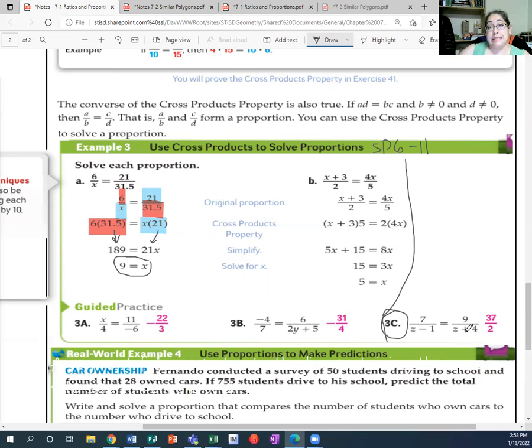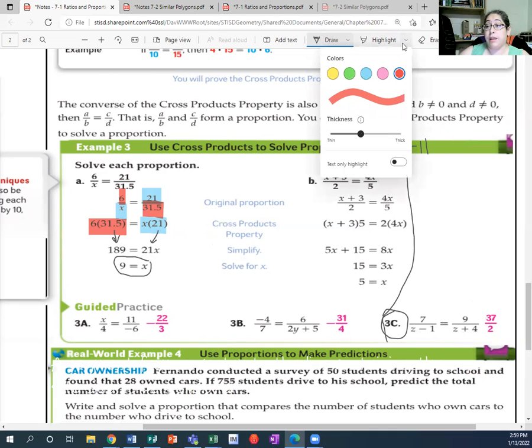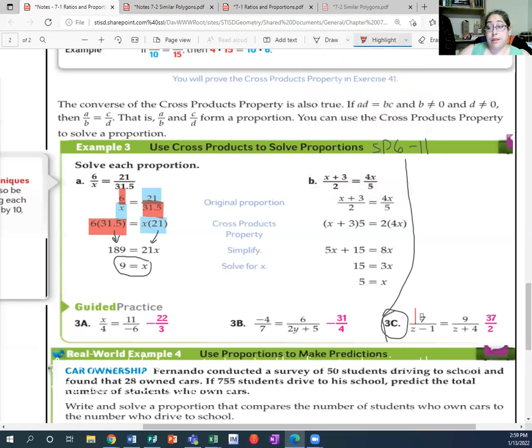Let's do 3C together the exact same way, except it's going to look different because now we have 2 of the variables and it looks like it's going to be more complicated. It starts the same way. Identify extremes, and we're going to write those down first and multiply them together. I'm going to write them here.